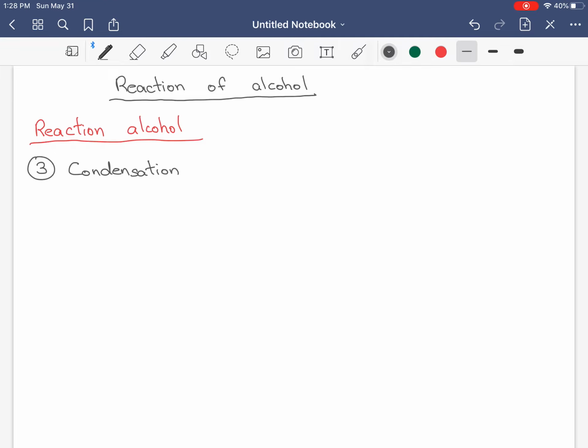What do I mean by that? If you take an alcohol and you react it with another alcohol, okay, under an acidic condition, you will get something called an ether plus water. Okay, do you see the dehydration synthesis here?